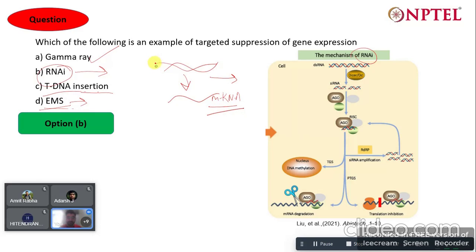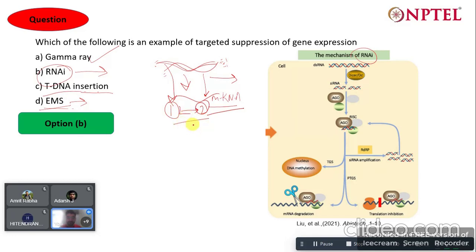This is the 5 prime to 3 prime end of the DNA, and the other strand is 3 prime to 5 prime. So if an RNA is transcribed from the first strand, that is the first RNA, and the second strand gives the second RNA. Both of these RNAs will be complementary to each other.